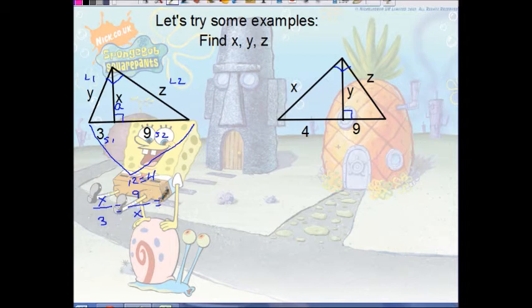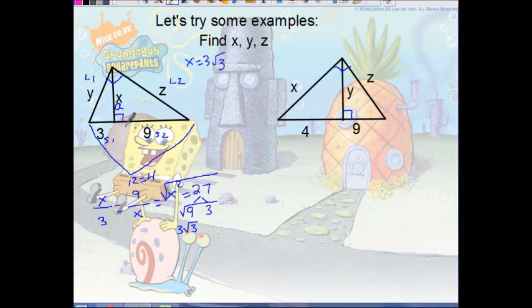When I cross multiply, I end up with x squared equals 27. Get rid of the square by square rooting, and we want to reduce. Square root of 27. The biggest perfect square that divides into it is a 9. It's 9 times 3. The square root of 9 is 3. The square root of 3, it's not perfect, so we leave it. X is 3 root 3.